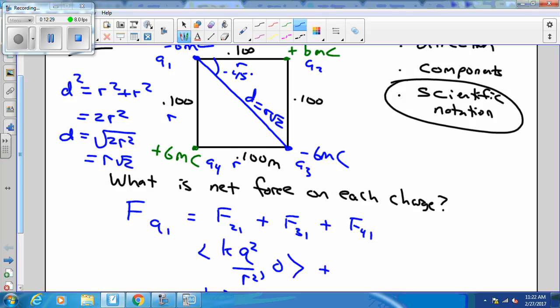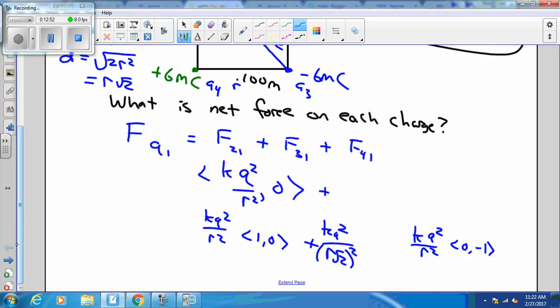First, hands. Which way is that force going to go? The force on Q1, which way is it going to go? It's going to go off to the left and up. At what angle? What is this angle? 135. That's exactly right.